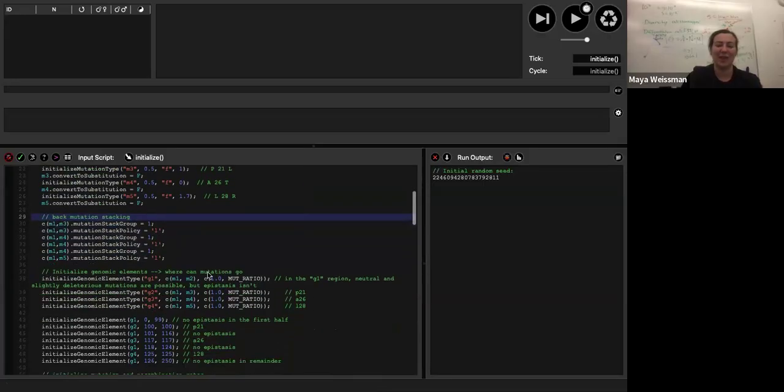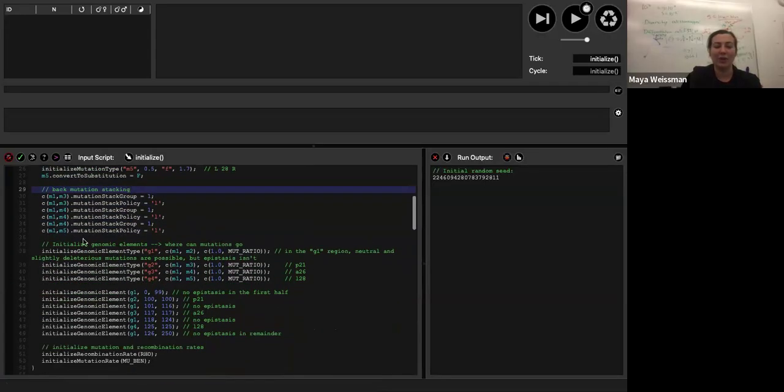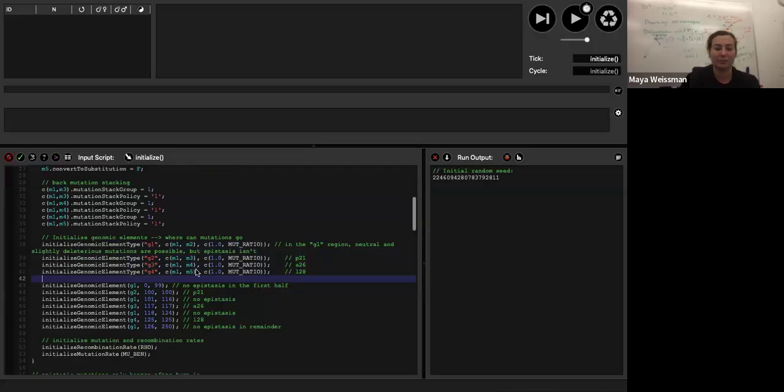And then I created the genomic element types. G1 region is everywhere else where neutral and deleterious mutations are possible. Then I made G2 the P21 locus, G3 the A26 locus, and G4 the L28 locus. From 0 to 99, there's no epistasis.